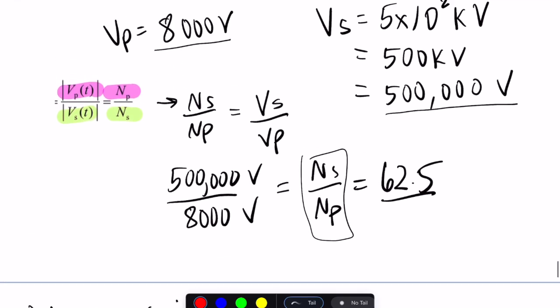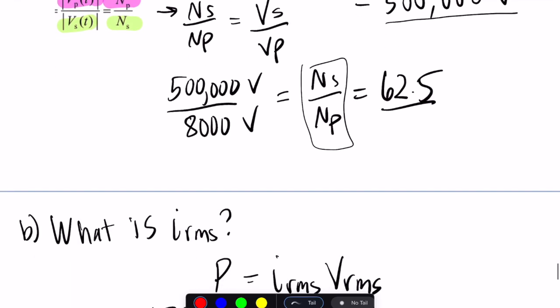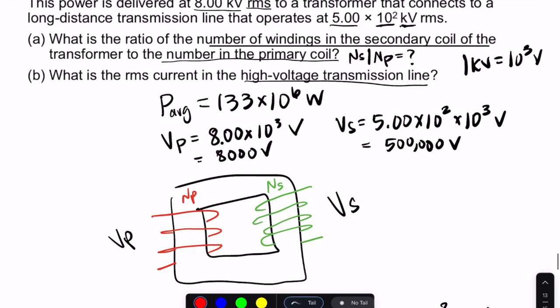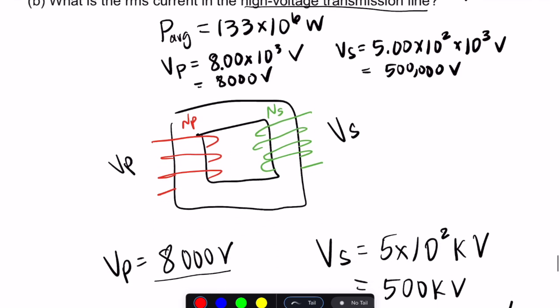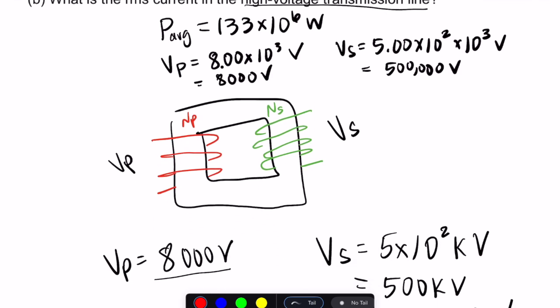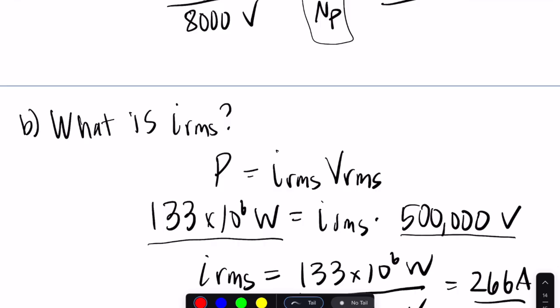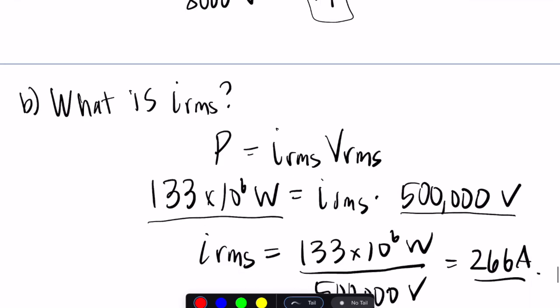The question for part B is, what is the current running through that high voltage transmission line? Okay, so we know the power through that line, we know the voltage of that line, so we can certainly find the current through that line. And if we use all RMS values, then we need to use P RMS.